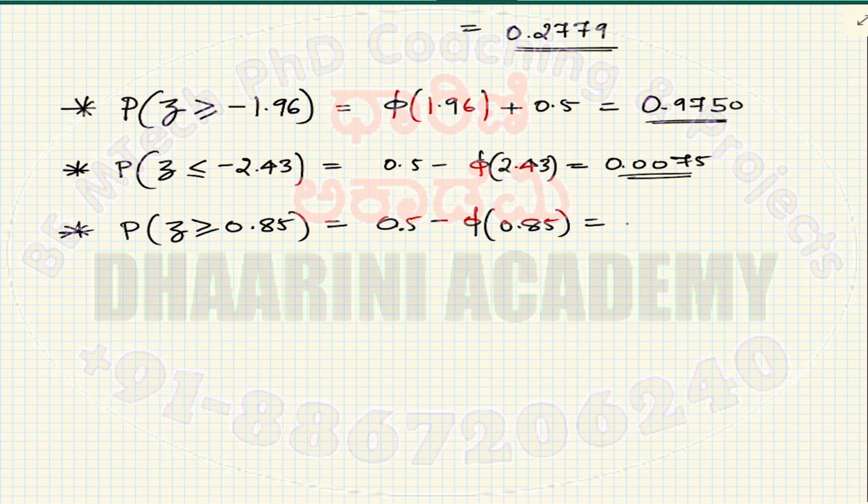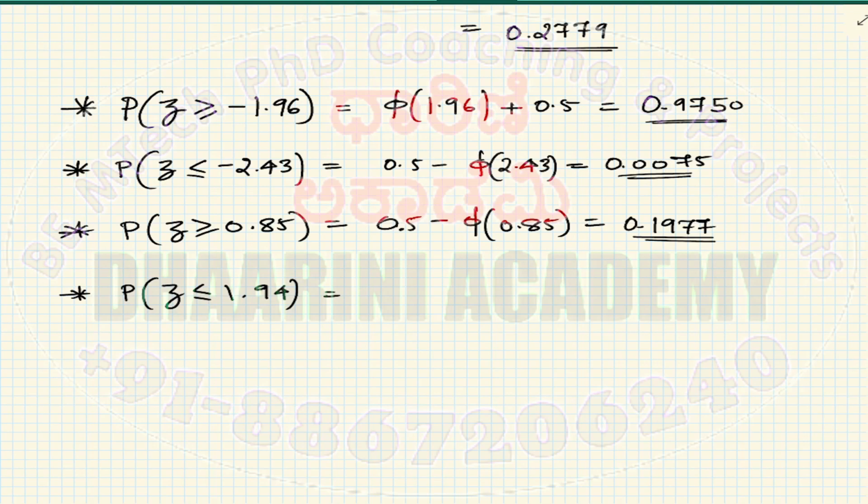Okay, so this gives a value 0.1977, and the probability of z less than or equal to 1.94 is 0.97, right? Okay.